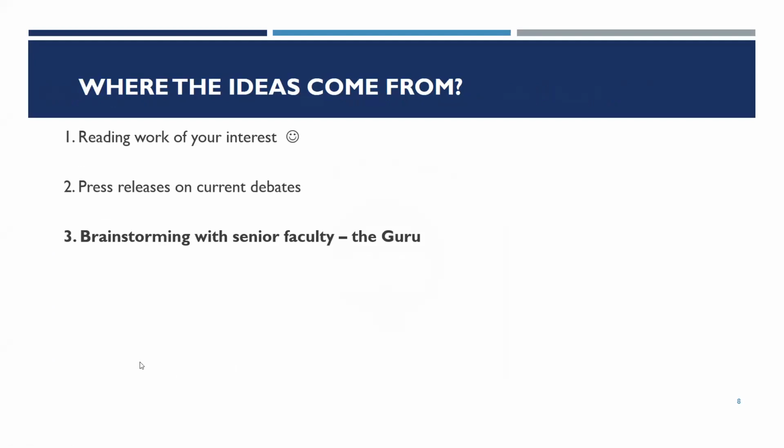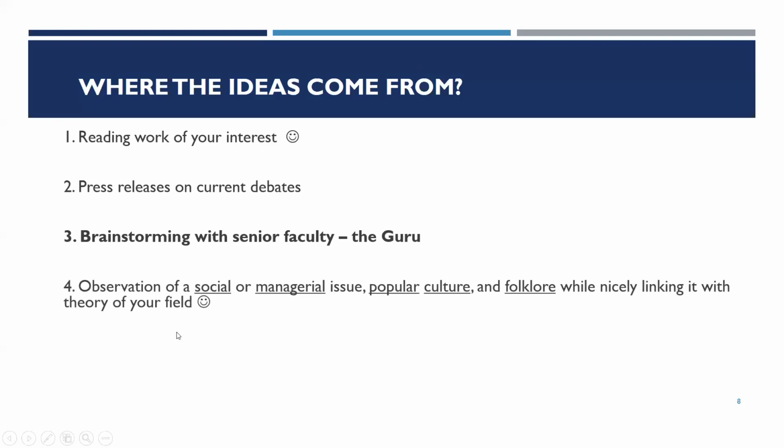Brainstorming with senior faculty, someone who is a guru who has published in a particular field, who is quite well familiar with the literature in the field, someone who has some industry experience, some links and a good sense of the literature. You can brainstorm. I know a lot of people, they are so kind that over a cup of tea you can discuss with them. So brainstorming is a method to actually grab some ideas.